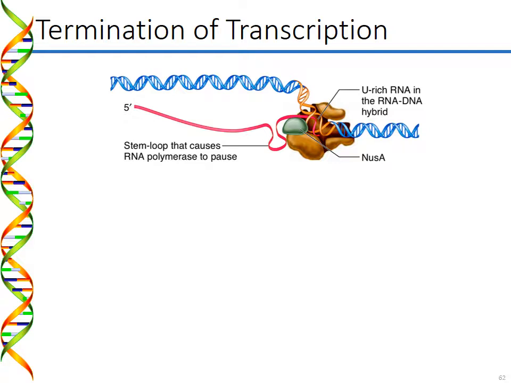the two DNA strands are separated. Where the new nucleotides, the ribonucleotides, are being added, we have a temporary hybrid of RNA and DNA. Typically we talk about DNA being double-stranded, and RNA we typically discuss as single-stranded, and it generally is.